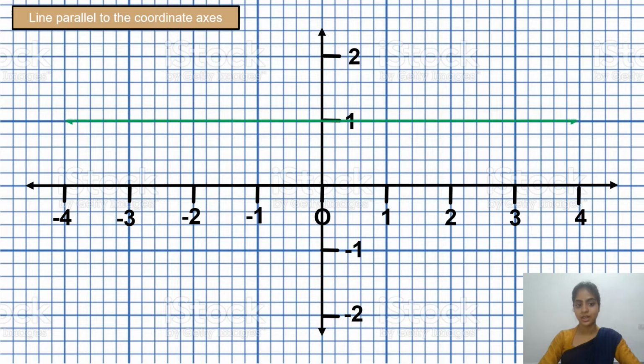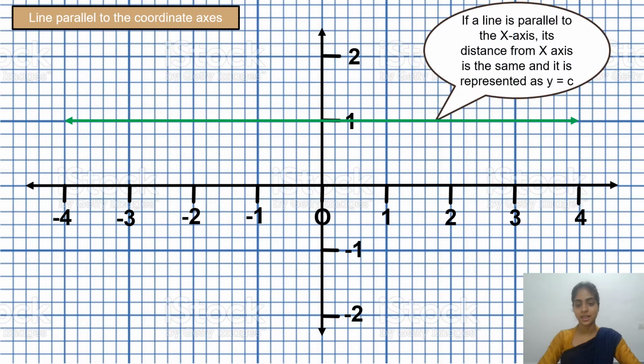So we have a green color line which is parallel to the x-axis, and the distance from the x-axis is the same throughout. On this side it is 1 centimeter, that side also 1 centimeter, and throughout it is 1 centimeter from the x-axis. So this line parallel to the x-axis has the equation y = c.